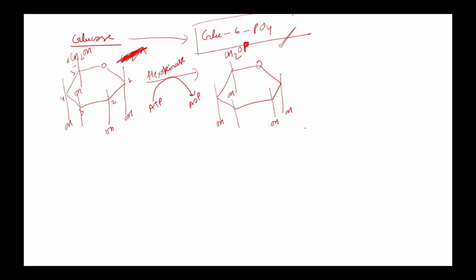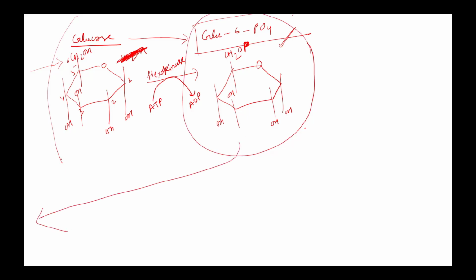So this step is very, very important because the cell takes up the glucose. This glucose can cross the membrane and enter inside our cell, and when it is converted to glucose 6 phosphate, it becomes a charged molecule, and this charged molecule cannot pass the membrane.